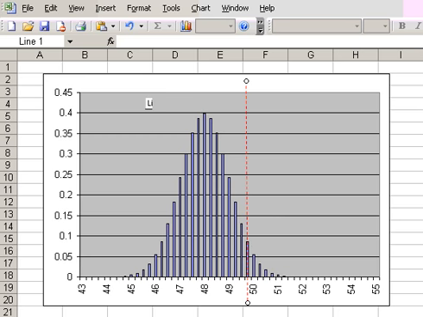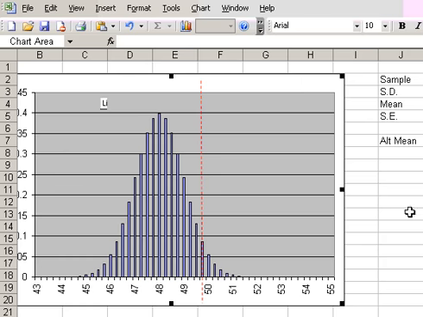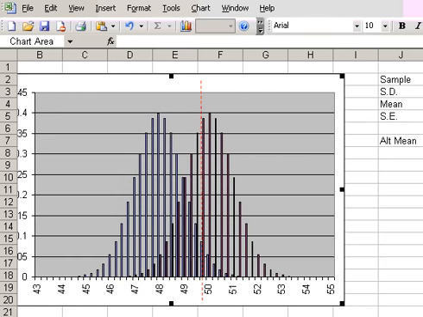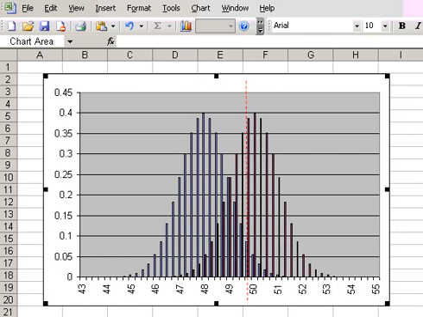Now let us look at the effect of including the distribution around a mean of 50. I've just added the distribution around a mean of 50, and as can be seen, type 2 error in this case is everything to the left of the red line, which is probably something in the neighborhood of 40 to 45% of the distribution around 50 inches.